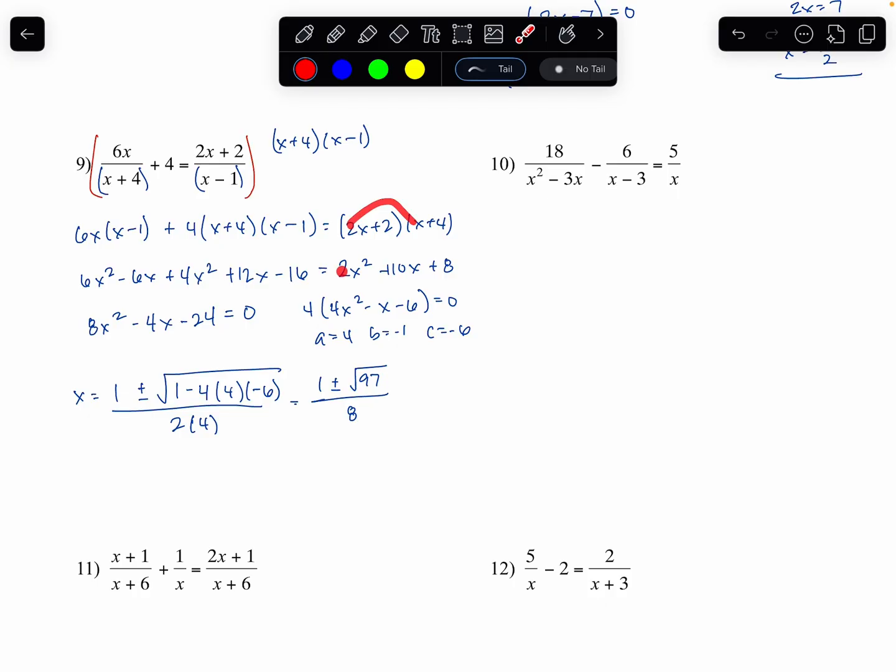And then I get 2x squared. I get 8x plus 2x for 10x. And then I get positive 8. And then I have negative 6x squared, positive 4x squared for 10x squared minus 2x squared for 8x. So positive 6x minus 10 for negative 4, and then negative 16 plus 8, and I minus 8, and I get negative 24.